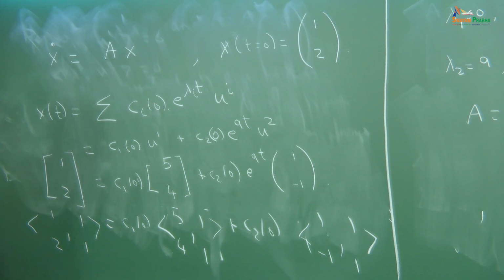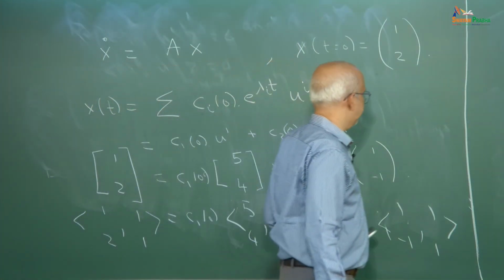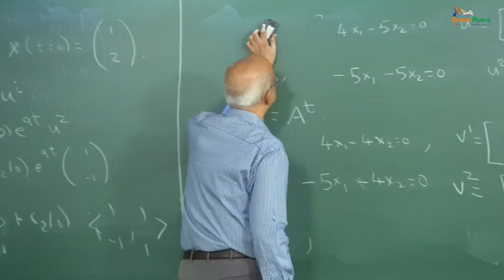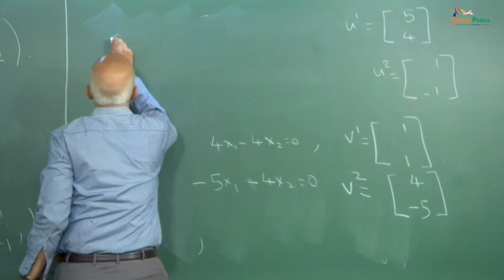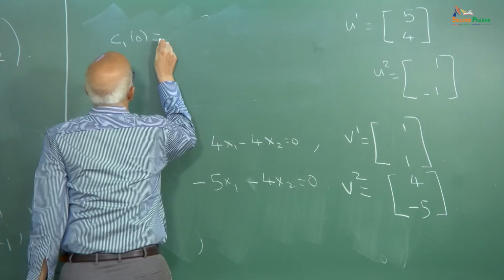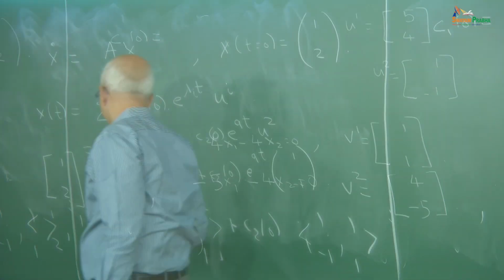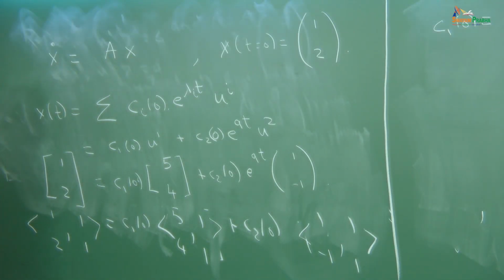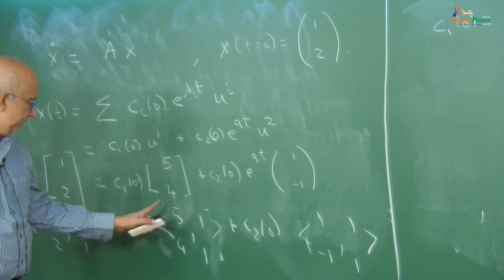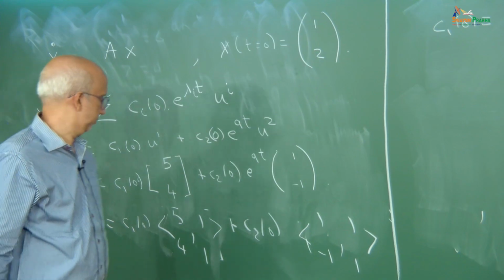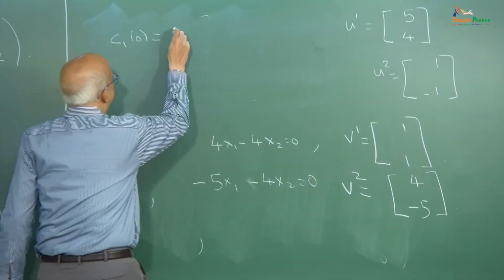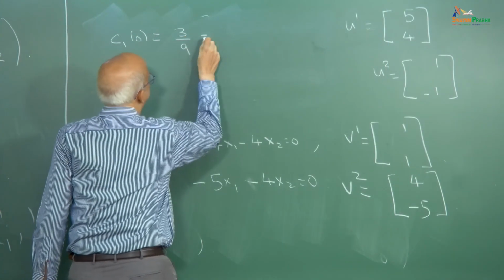So, what is C1 of 0? 1 plus 2 is 3 divided by 9, which is 1 by 3.